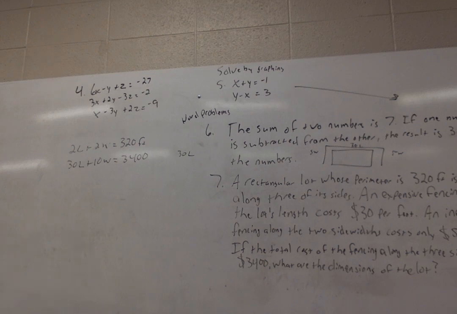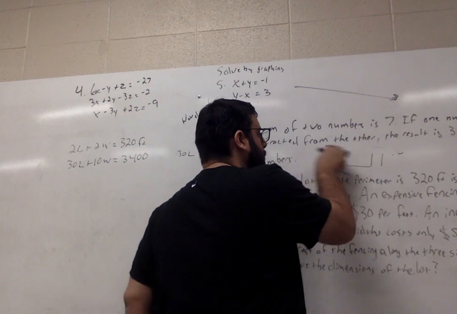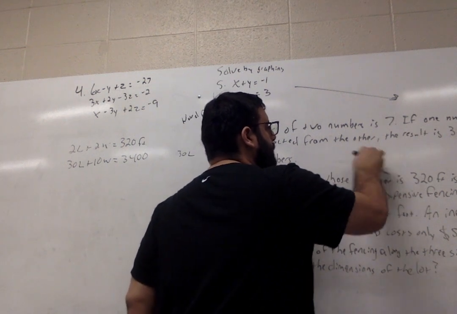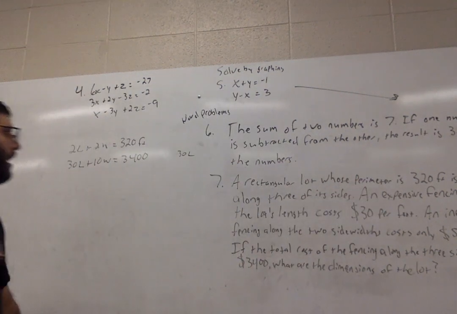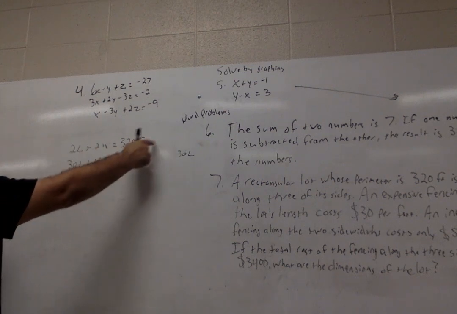Now, what I would recommend doing is to try to reduce these equations as much as possible before you start working them. That way, you have a much easier time to try to use elimination or substitution or what have you. So I'm going to divide this by 2.